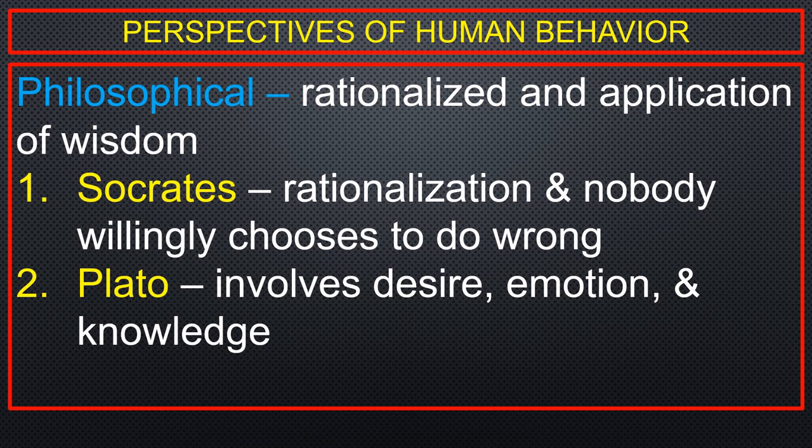So in here, philosophers try to rationalize things before doing it, or they try to apply wisdom before doing it. When you say wisdom, that is, you know what should be done in a given time. The right thing to be done, on a right situation, right condition, right time and right place. That is wisdom. So hindi ibig sabihin na marunong ka.